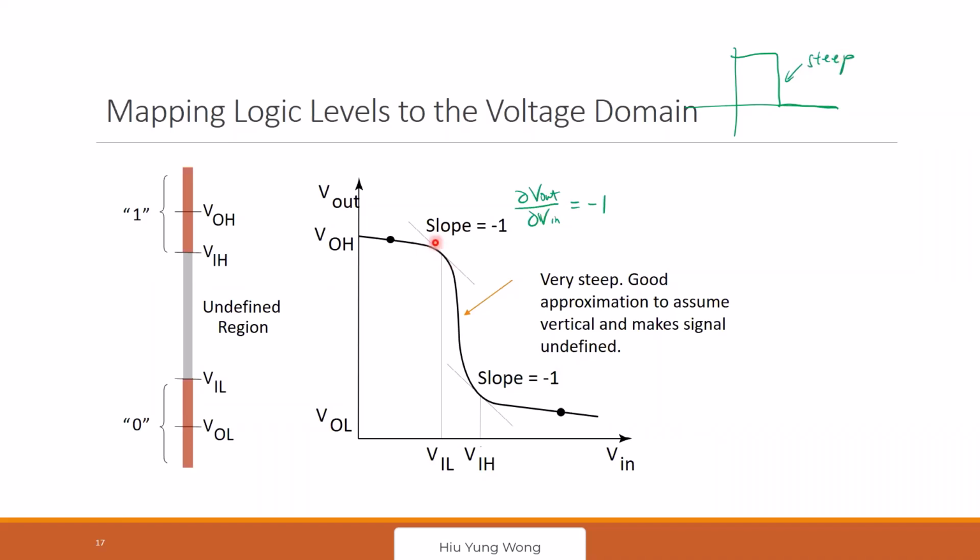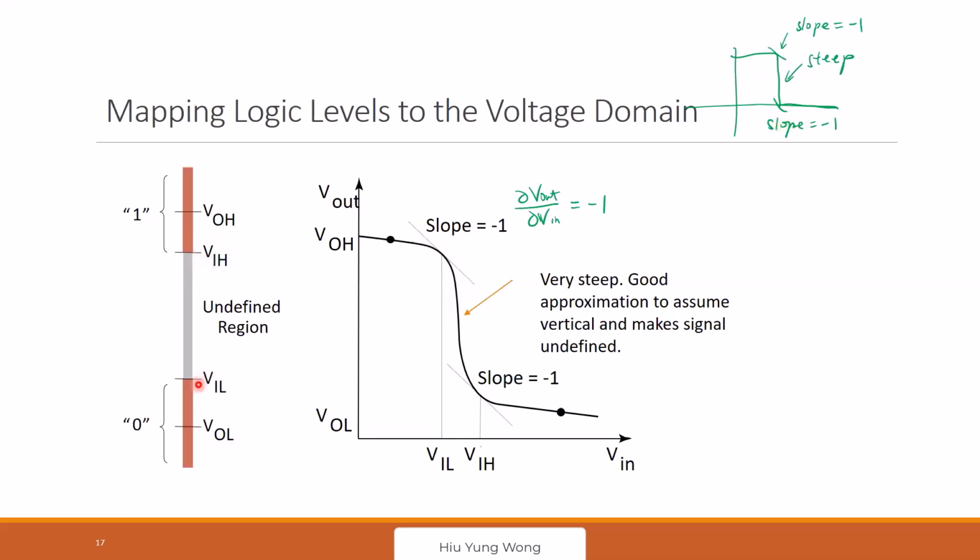We say that the point where you give me -1 is just like this one, the slope equal to -1. In this region, it's so steep, we call it undefined. Why? Because you move a little bit, your output can go from high to low, right? Just here, I have a little bit of noise, it goes from high to low.